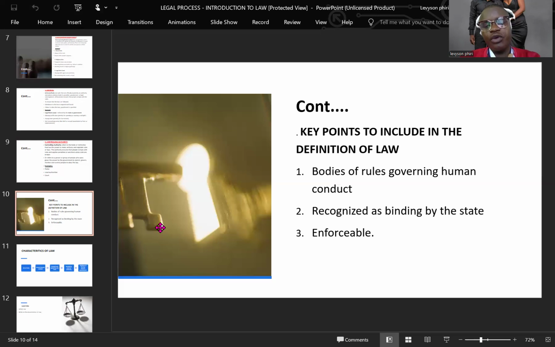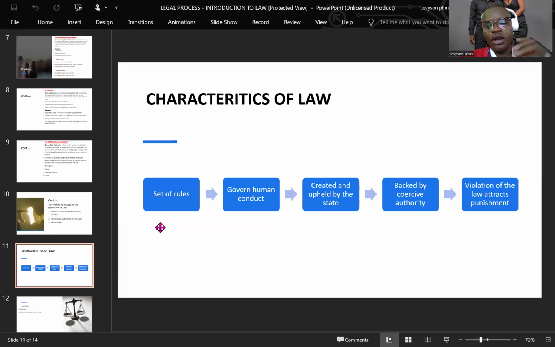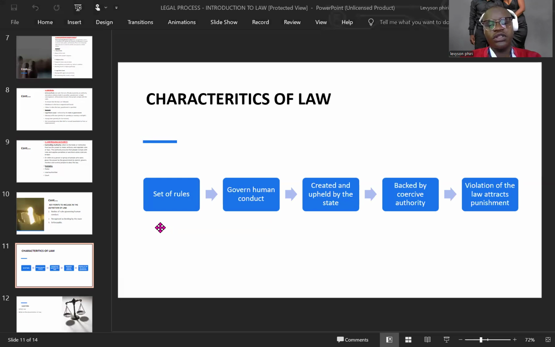At this point, now we look into the main characteristics of law. Remember, most of them we have already mentioned in the key definition terms. Characteristics of law. One, a law is supposed to be a set of rules. And these set of rules are supposed to be governing human conduct. Okay? Where do these rules come from? They are created and upheld by the state. Who is the state? People.